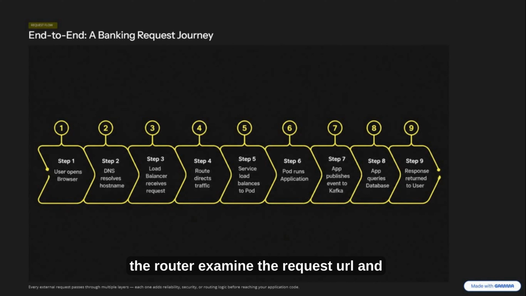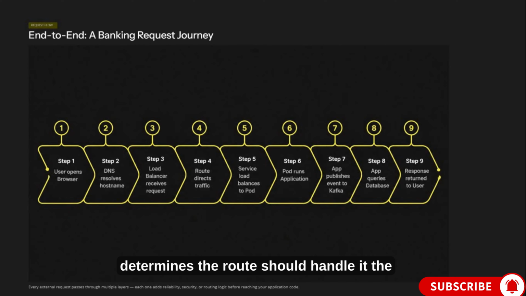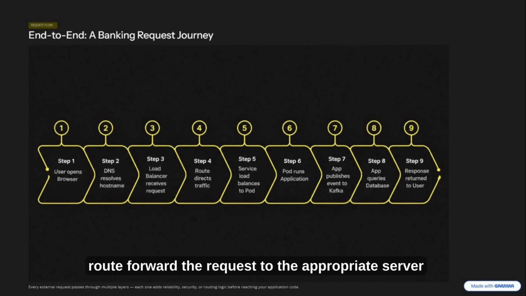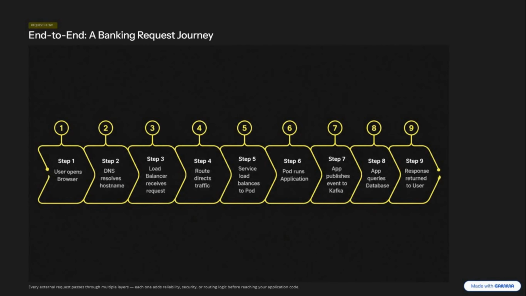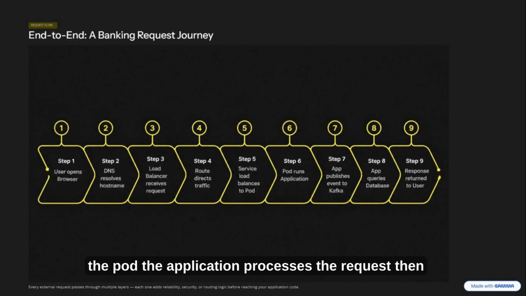The router examines the request URL and determines which route should handle it. The route forwards the request to the appropriate service. The service then selects one of the available pods. Inside the pod, the application processes the request.